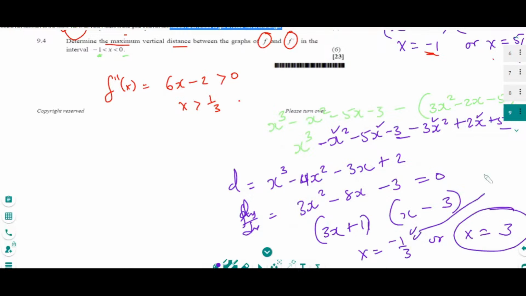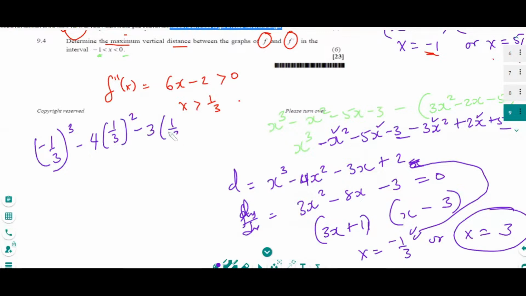Take this, substitute it into the equation of the distance. So it's going to be (negative 1 over 3) cubed minus 4 times (1 over 3) squared minus 3 times negative 1 over 3, plus 2.